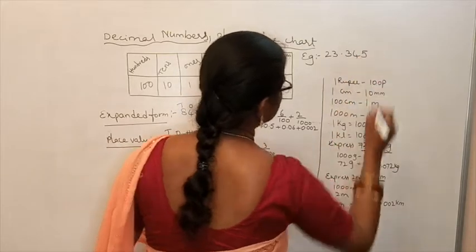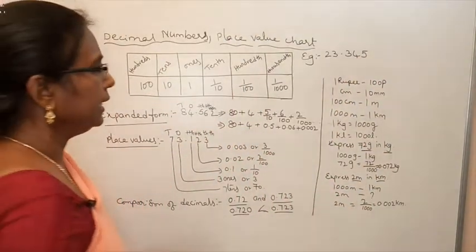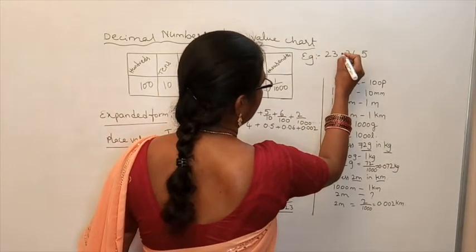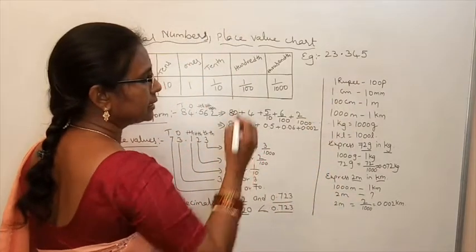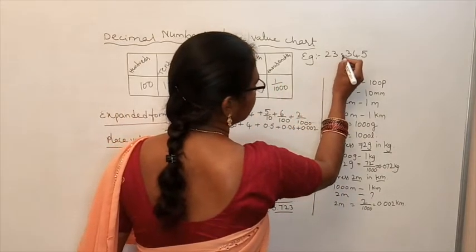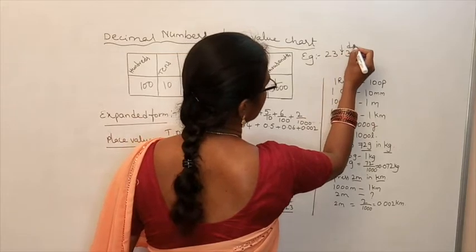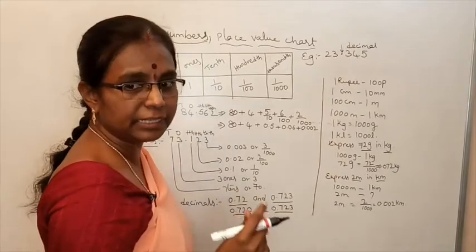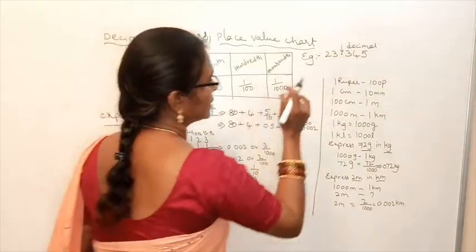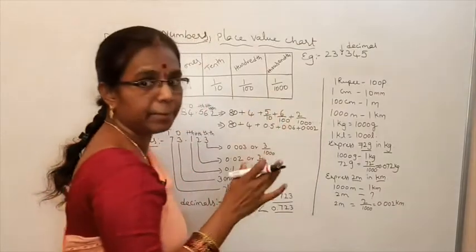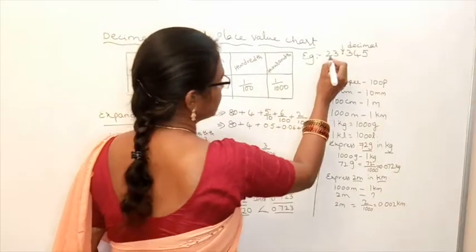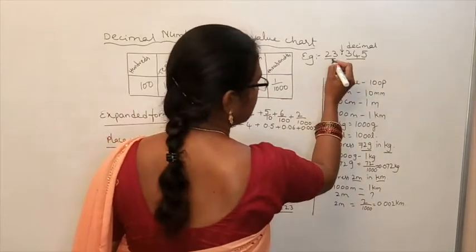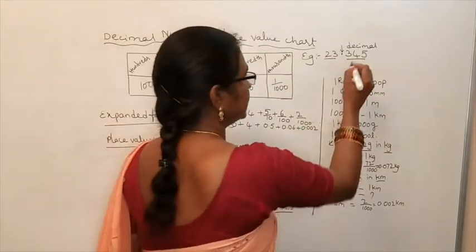Now suppose one example, 23.345. This is one decimal number. In this decimal number, the point, this dot, is called the decimal point. The decimal point divides the number into two parts: the integral part or whole number part, and the decimal part.